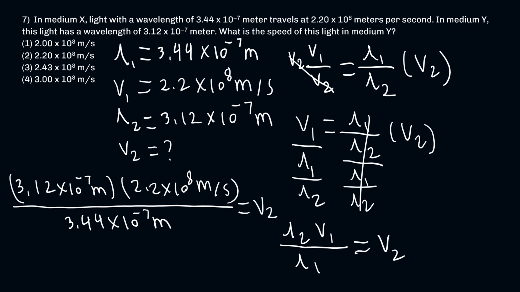This is equal to v2. All right, so plug this into my calculator here. 3.12 times 10 to the negative 7th multiplied by 2.2 times 10 to the 8th. That should give me 68.64, and that's going to be meters squared per second.